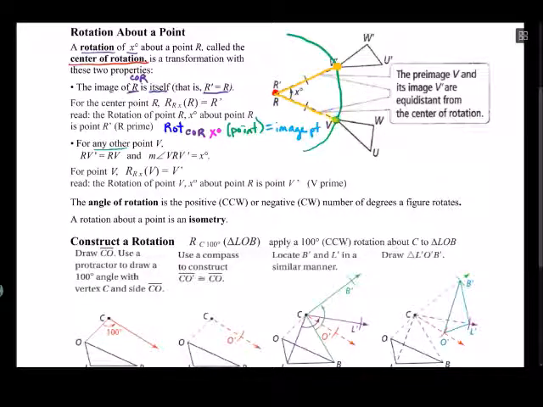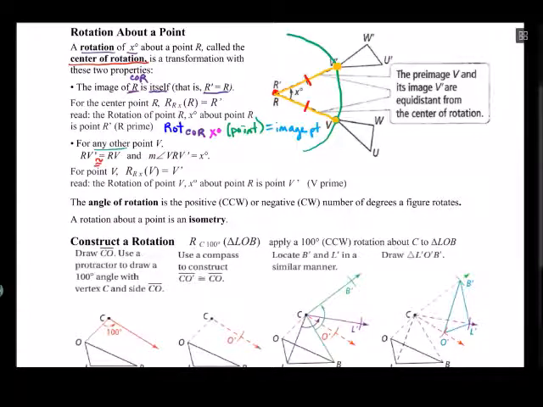That's from our center point to our pre-image point. These are congruent, right? If they are equal length, that means that they are congruent. The segments are congruent. That should be no surprise. Those are just the radii of our circle.